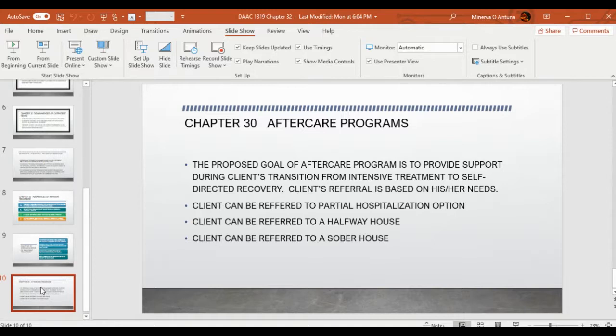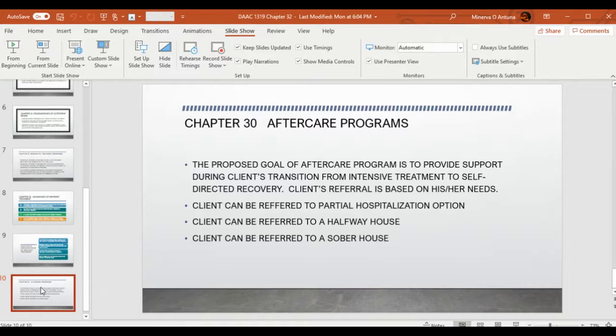Sometimes you need referrals to some programs, and you're going to make those referrals based on the client's needs. So a client can be referred to a partial hospitalization option. Partial hospitalization is for clients with more severe substance use disorders, but who can still be safely managed in their home living environment.